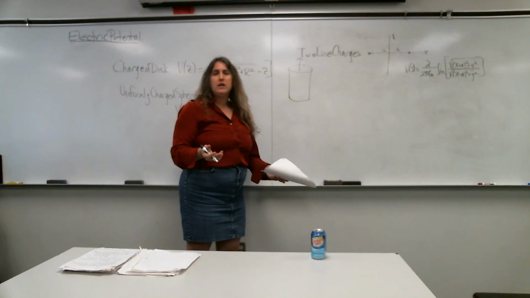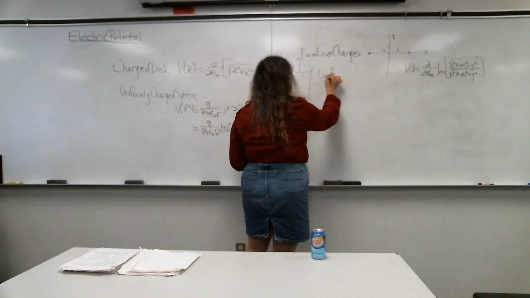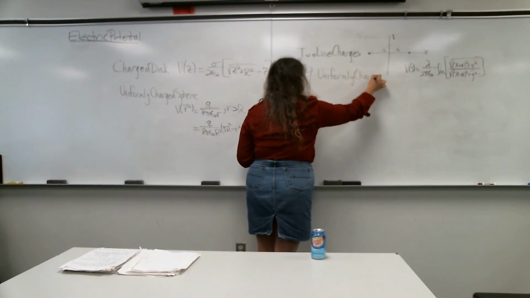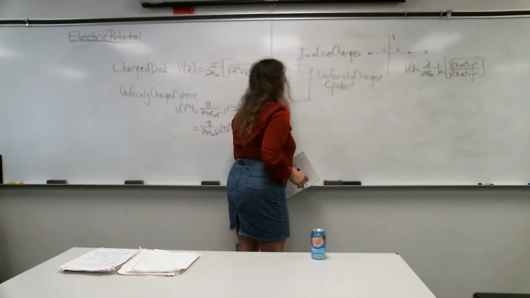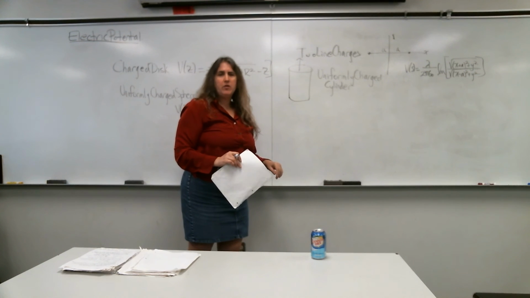Let's say that you've got a uniformly charged cylinder. I want you to calculate the potential as a function of z.